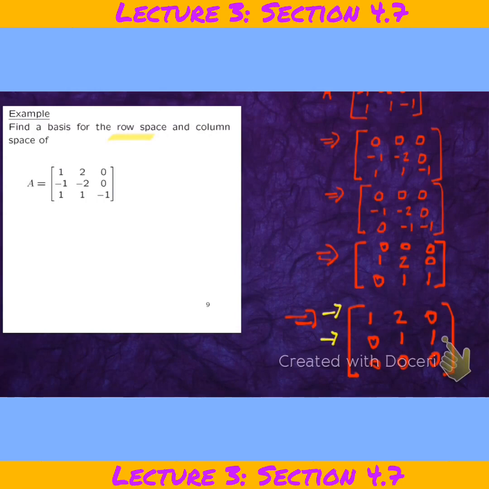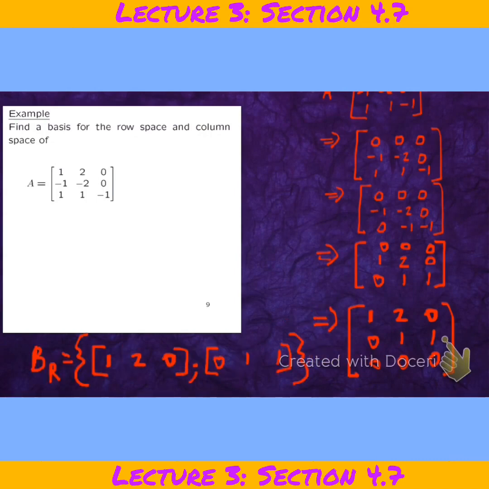So our basis for my row space will become the following. We take our first vector there, and then we take our second row with the leading one. So the basis for my row space will be the set containing the two leading one row vectors.